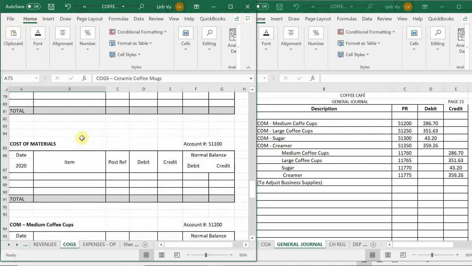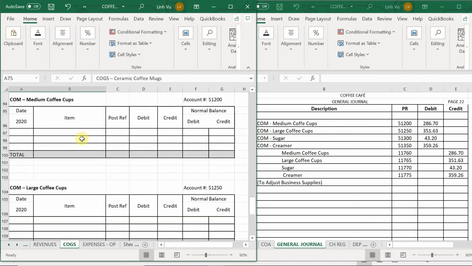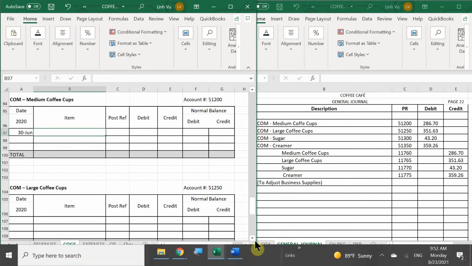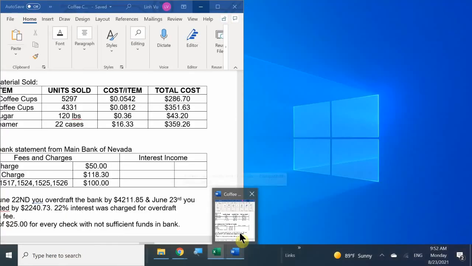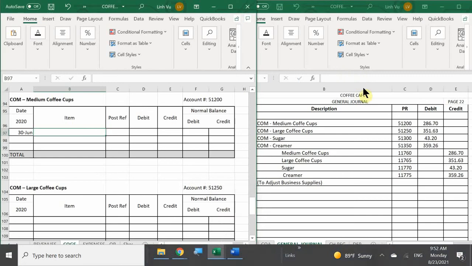Okay, so here we are, cost of materials. We have here the medium coffee cups. It's up to you how specific you want to be here. If you want to say under here that we sold a total of 5,295 cups, you could do that.